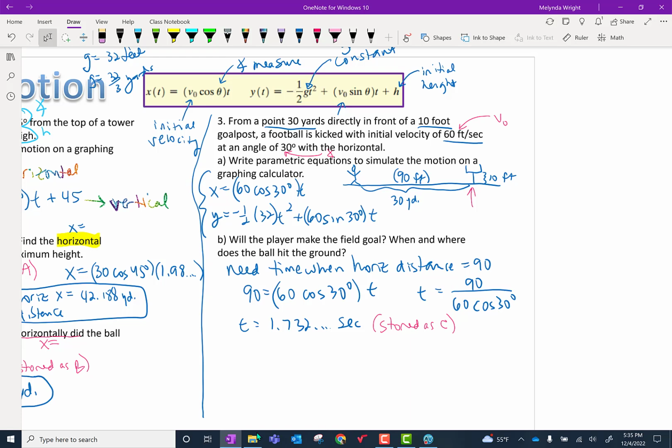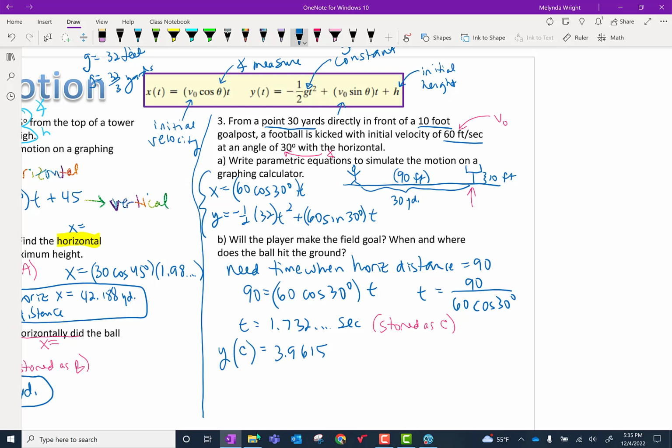I know that, but I need to know if it's going to go over the goalpost. I need to know the height. What is the height at that time? How high up is it? So I'm going to substitute into my y equation the c, which is this 1.732 business, and that gives me 3.9615.